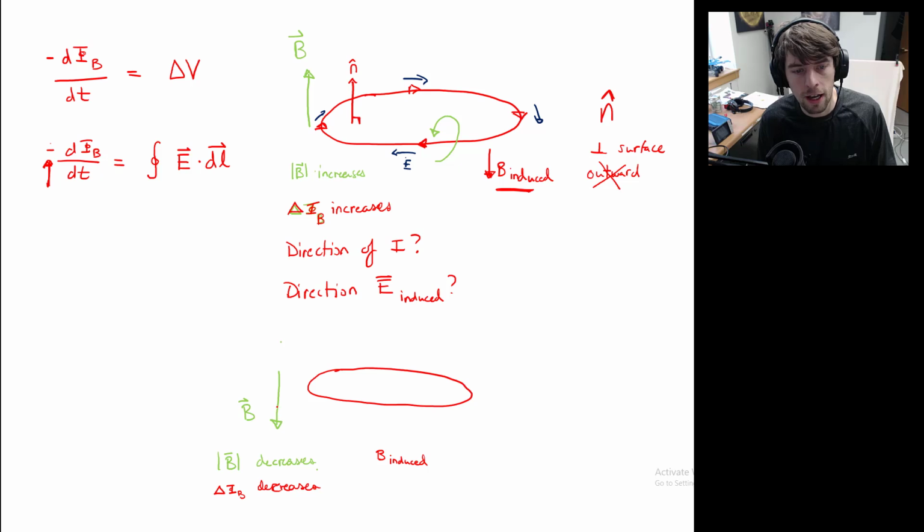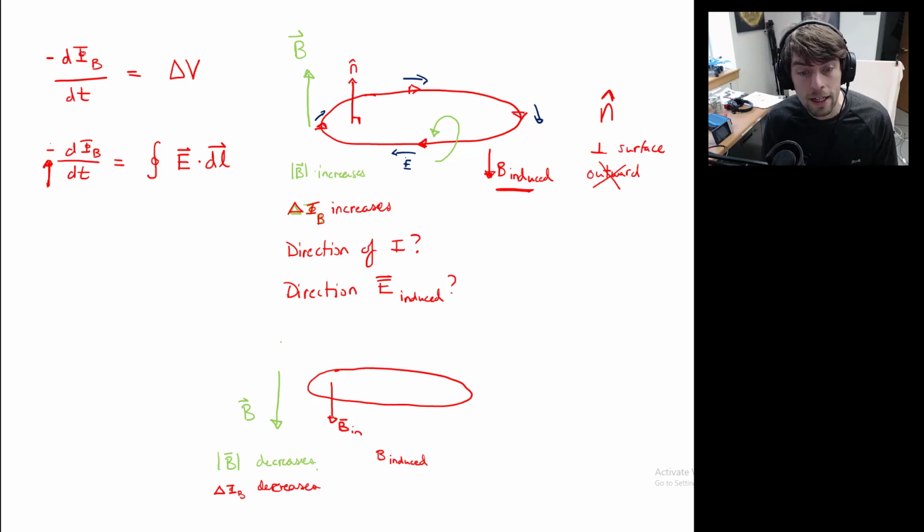So you can think of this arrow getting shorter and shorter and shorter, right? That represents the decreasing magnetic field. So the induced magnetic field wants to prevent that arrow from getting shorter. So it must be pointing downwards. B induced should point downwards to try to prevent that decrease.